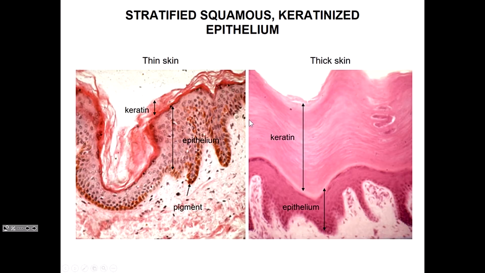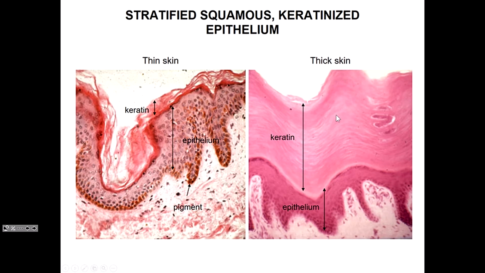So here's keratinized epithelium. Here's the keratin. So all of these keratinocytes have been flattened on the surface of the skin. They're all dead. Has a pretty unique appearance. Thin skin, it's not so thick. Thick skin, it's quite thick, as the names imply.